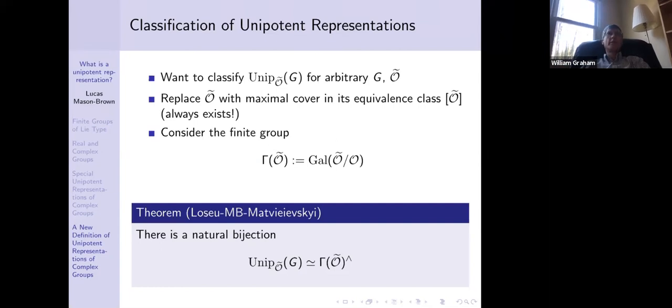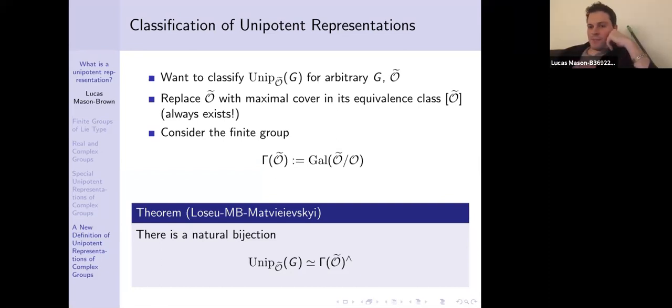And how far are you from getting an answer for real groups? I wanted to say something about that. I think it's quite a bit more difficult. There is a naive extension of this definition to real groups. A representation of a real group is basically the same thing as a Harish-Chandra module, a (g,K)-module where K is a maximal compact subgroup.